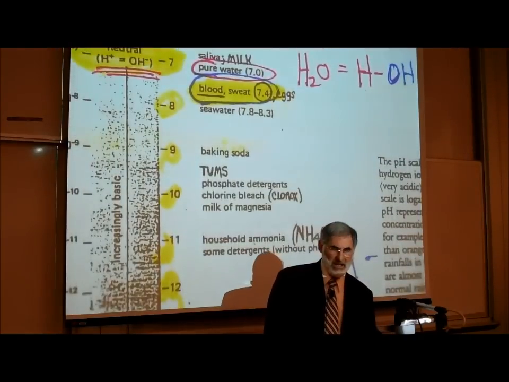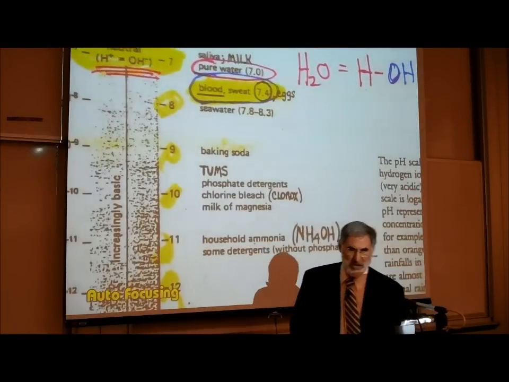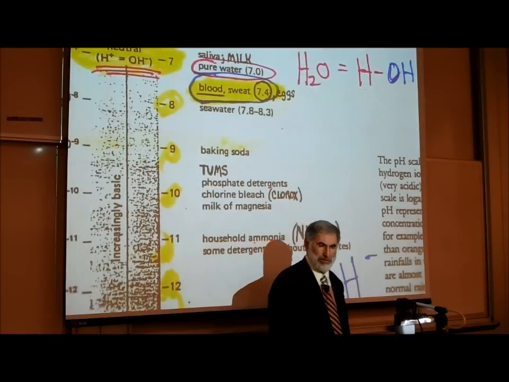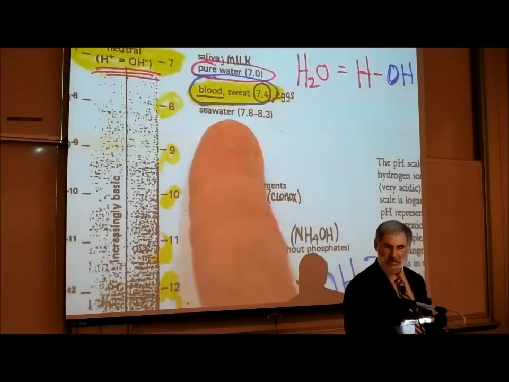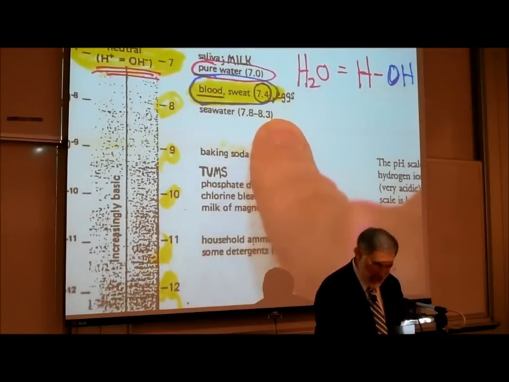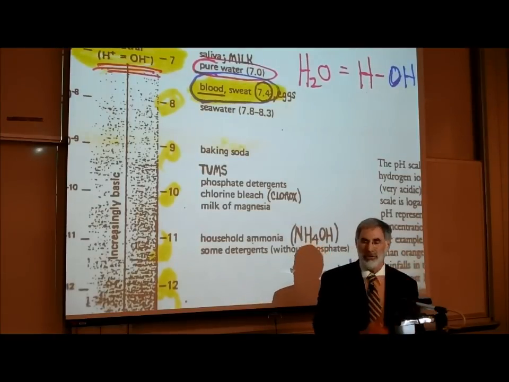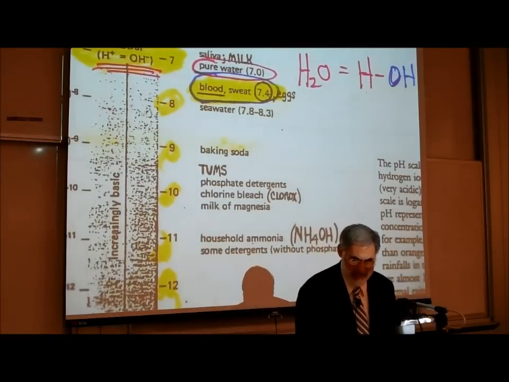Blood and body fluids in general, including sweat and probably tears, would have a pH of 7.4. So it's not exactly neutral. It's slightly on the alkaline or basic side, and I'd like you to know that.